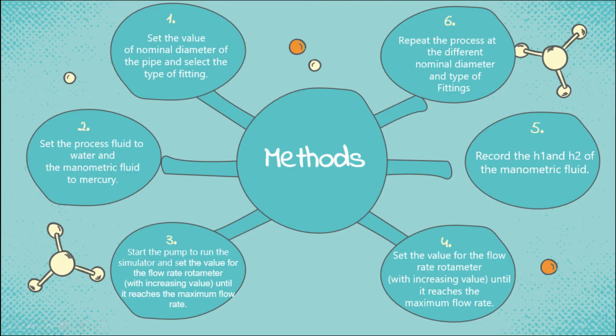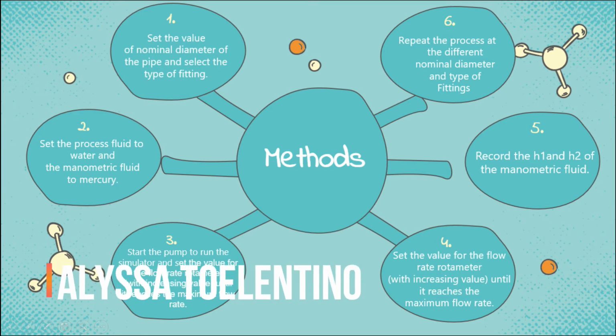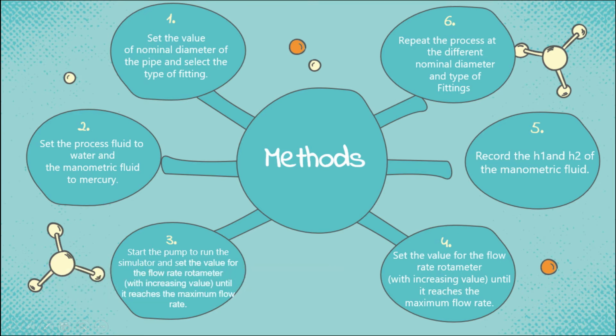Sixth, repeat the process at the different nominal diameters 0.25, 0.50, 1, and 1.50, and different types of fittings: elbow, T-line flow, T-branch flow, half-open globe valve, fully open globe valve, gate valve, and swing check valve.